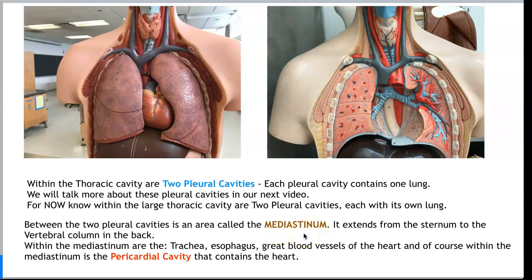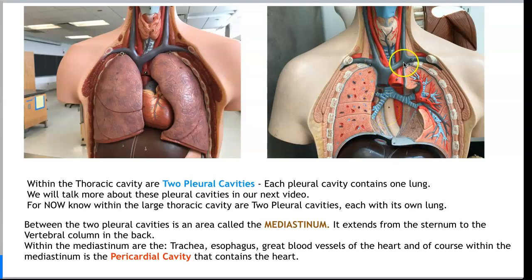Mediastinum. A lot of students get confused with what the mediastinum is. The mediastinum is this area in between the two pleural cavities, extending from the sternum up front, the vertebral column, the backside, up to the level of the clavicles up here and the diaphragm below it. That is the mediastinum. It is this region.